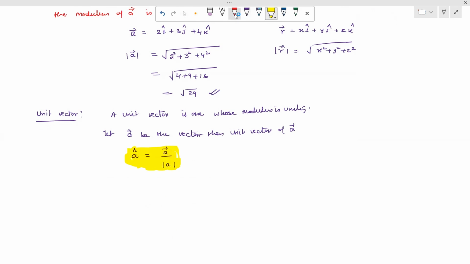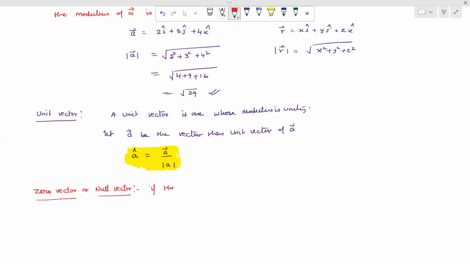So now we move to the next definition, that is the zero vector or null vector. Basic definitions we must remember, only then will we be able to easily understand the next topics.